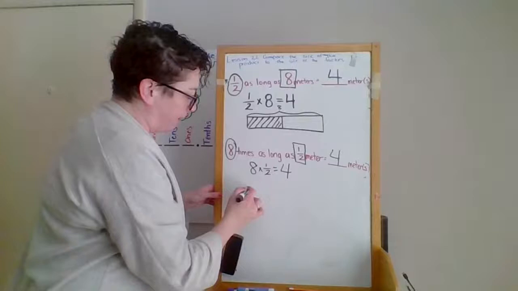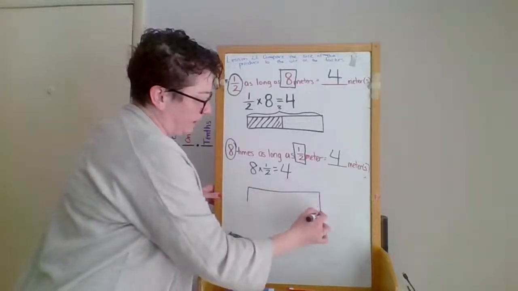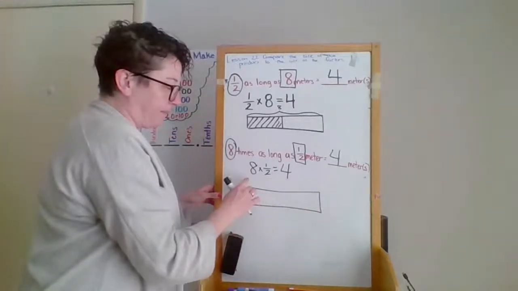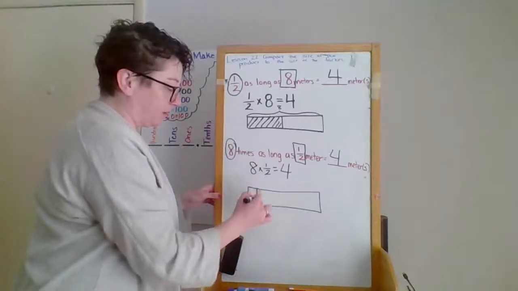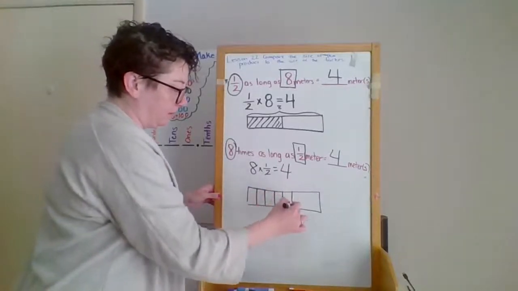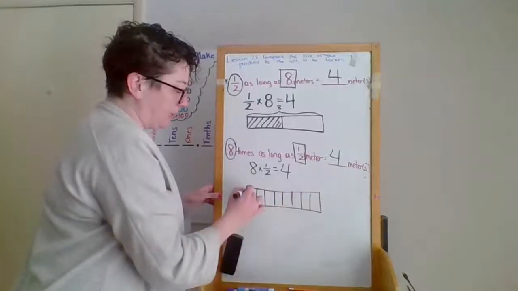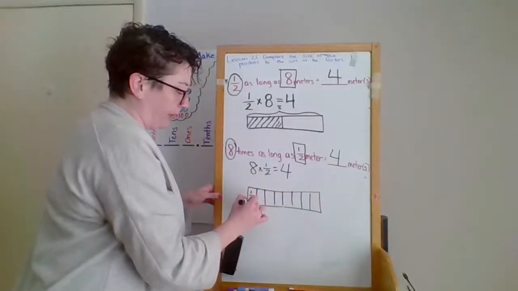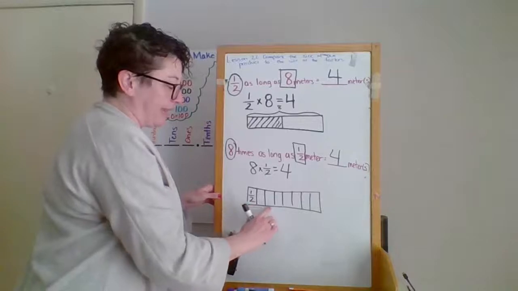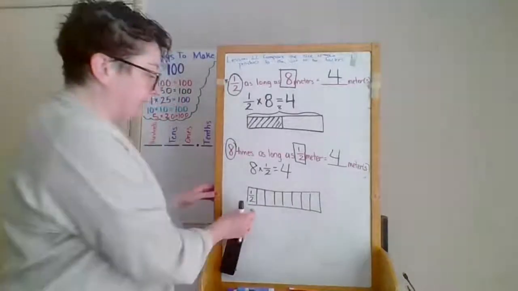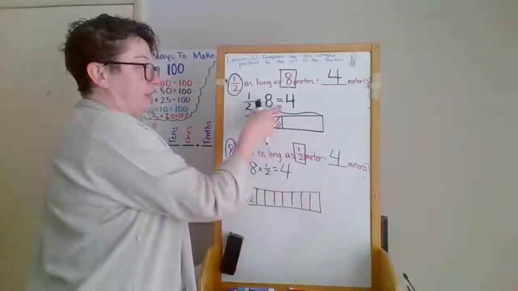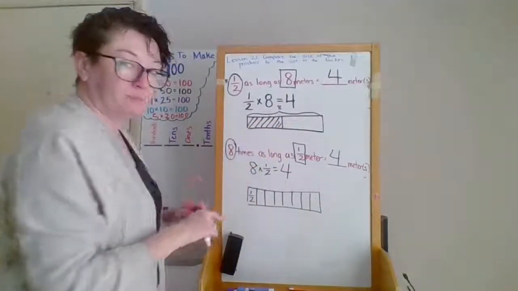Whereas if we look at the bottom one, we don't know the total yet, but we're doing 8 times. So I need 8 parts. Each section is worth 1/2. So we're doing 1/2 8 times. So we're repeating that 8 times. So this is getting bigger, where this one, the total was getting smaller.